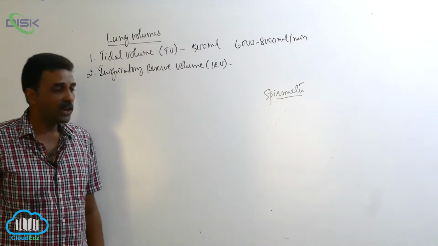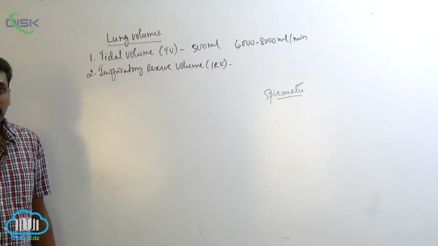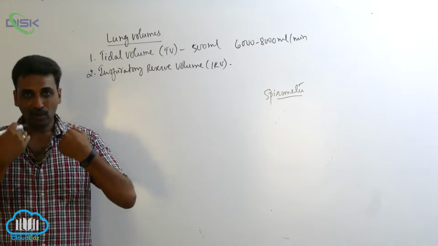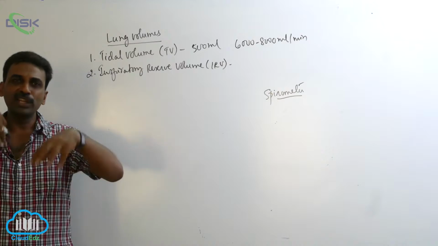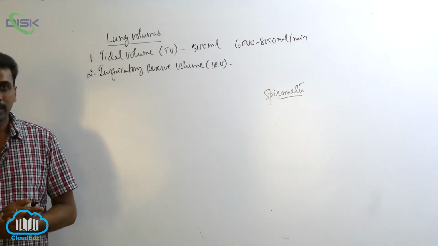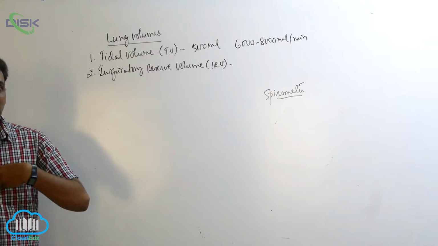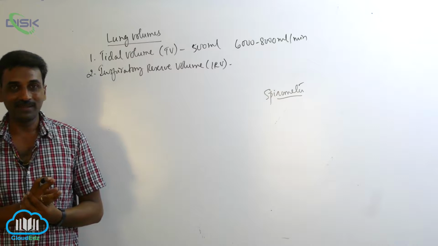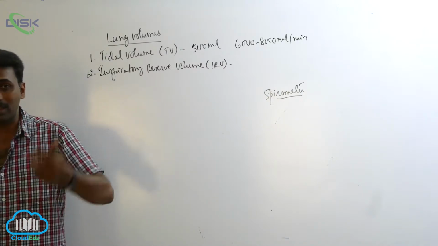Next, inspiratory reserve volume. See, after quiet breathing, after normal inspiration, forcefully I am trying to breathe in more air. That is forceful inspiration. I am trying to take extra air.